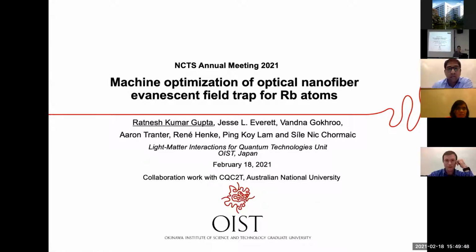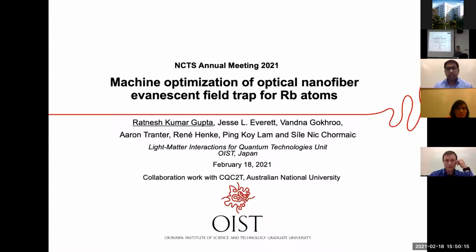And potentially in the optical nanofiber, since the evanescent field is over the entire length of the nanofiber, we can have interactions with multiple atoms, leading to collective effects, which is highly desirable for any kind of larger scale quantum communication schemes.